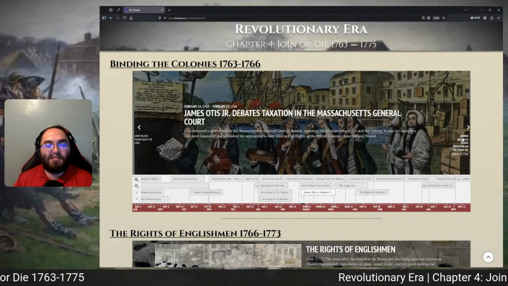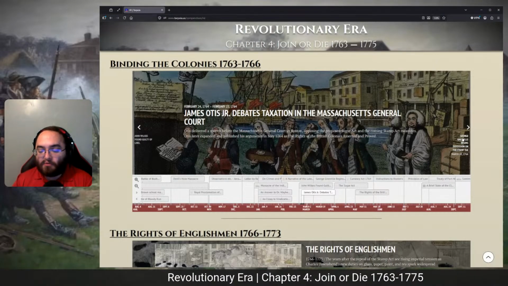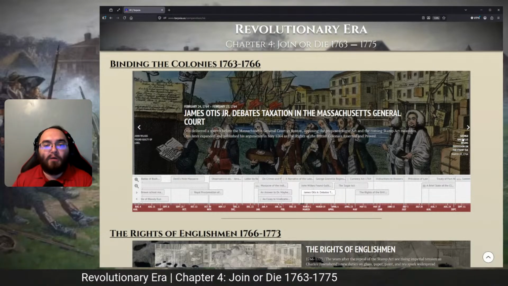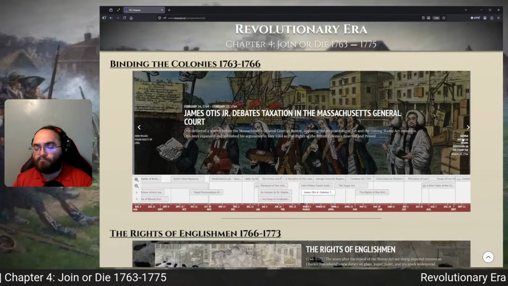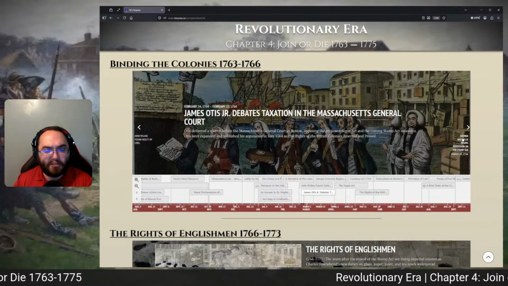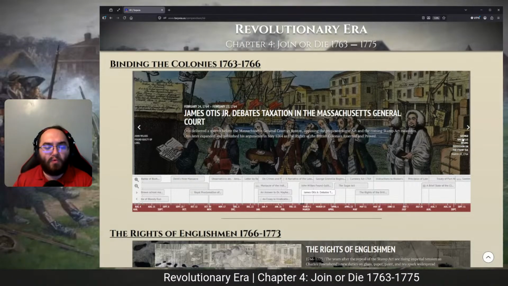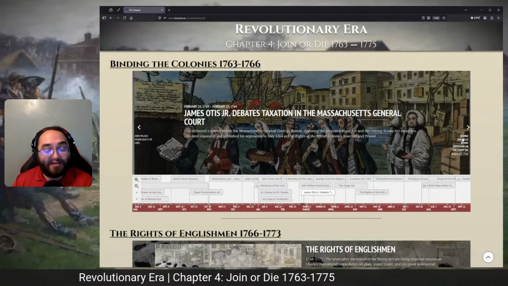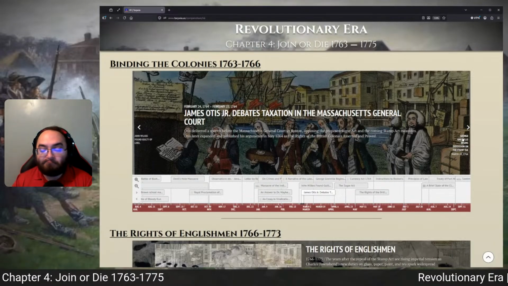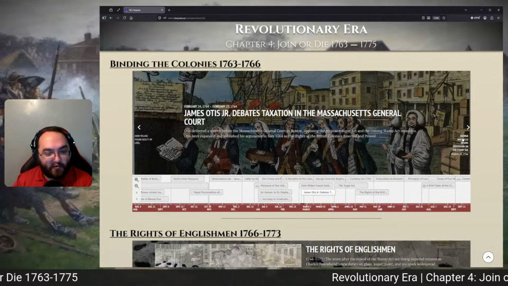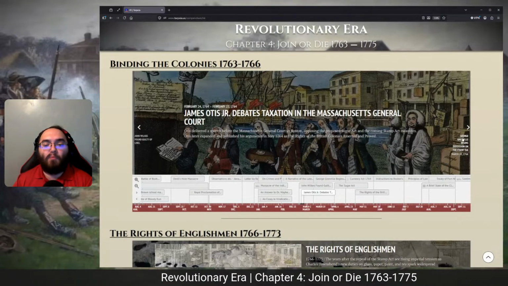He debates taxation in the Massachusetts General Court. The colonies are now becoming more aware of British policy in the aftermath of the French and Indian War, as Britain will start to enforce more and more and pass many more acts to regulate the colonies, and so the colonies themselves will start to deliberate on what to do about this.